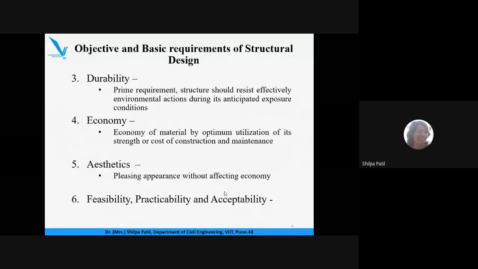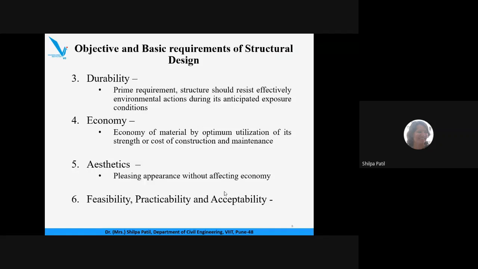Now the next is economy. If you consider all other parameters like safety, serviceability, durability, even aesthetics, all these parameters are directly linked with economy. If you have money, I can make my structure very elegant. I can give a very aesthetic appearance to my structure by giving it very nice architectural looks.